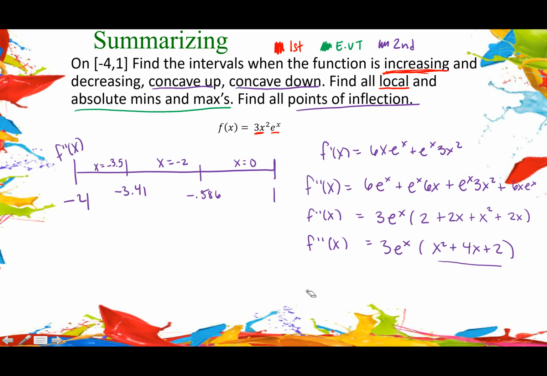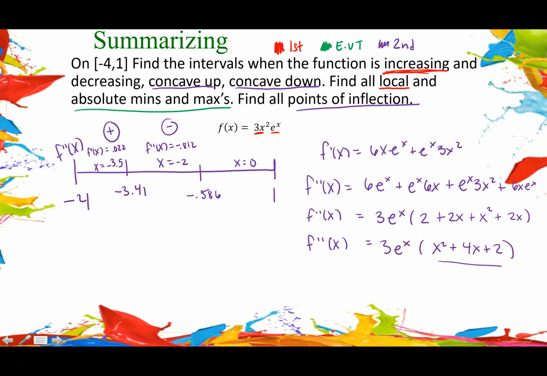And when we do that, I get f double prime of x is equal to a 0.022, which is positive. Okay, when I plug in a negative 2, I actually get a negative. I get f double prime of x is equal to a negative 0.812.